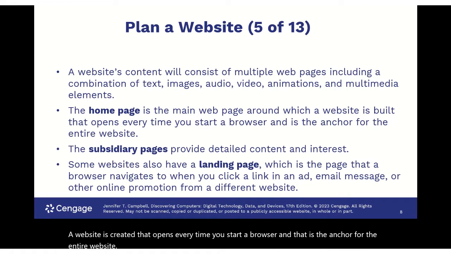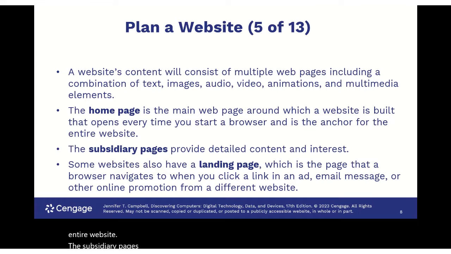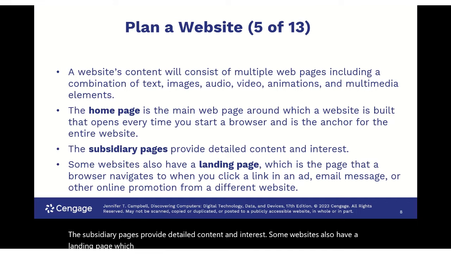The subsidiary pages provide detailed content and interest. Some websites also have a landing page, which is the page that a browser navigates to when you click a link in an ad, email message, or other online promotion from a different website.